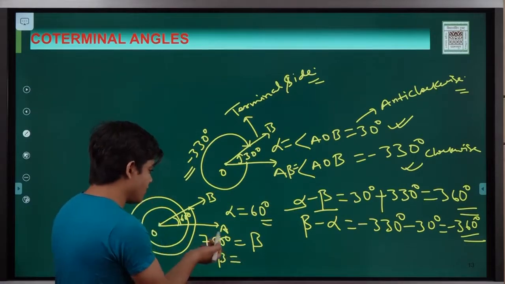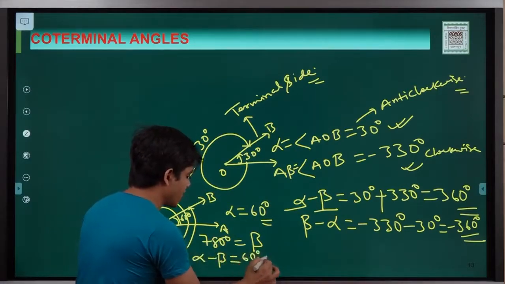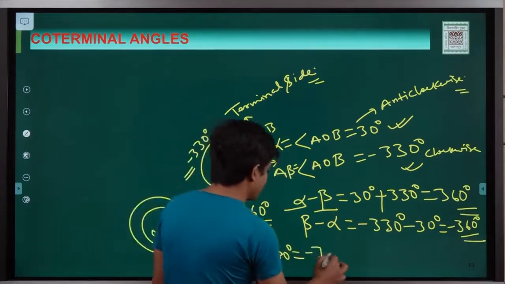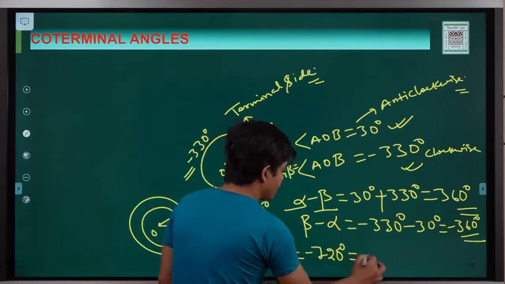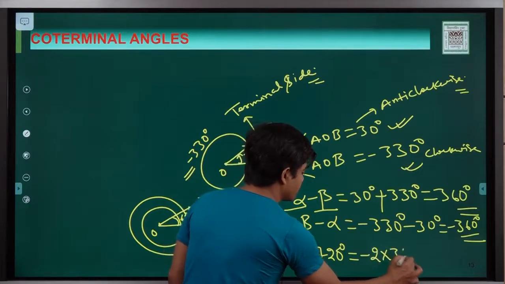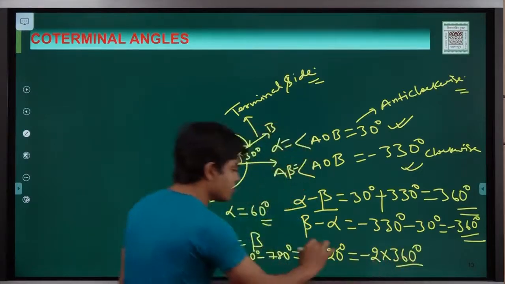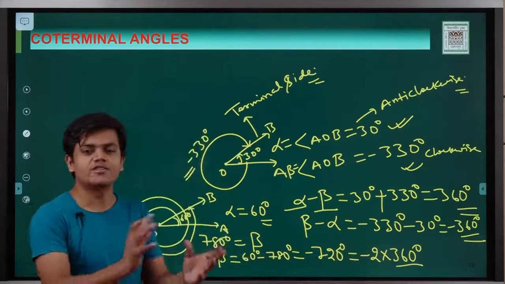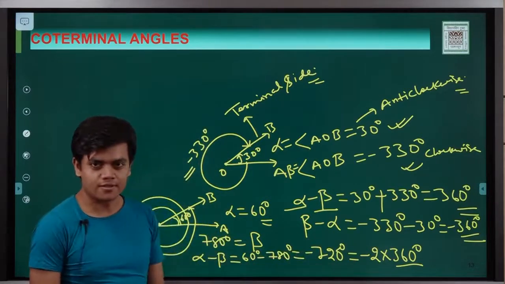Alpha minus beta is 60 degrees minus 780 degrees, which is minus 720 degrees, and this can be written as minus 2 into 360 degrees. So this is an integral multiple of 360 degrees.